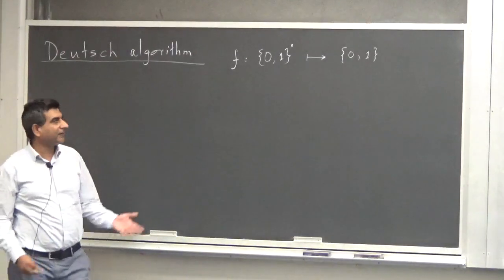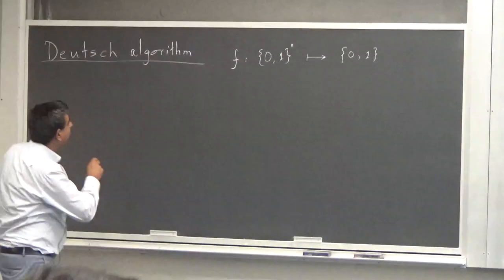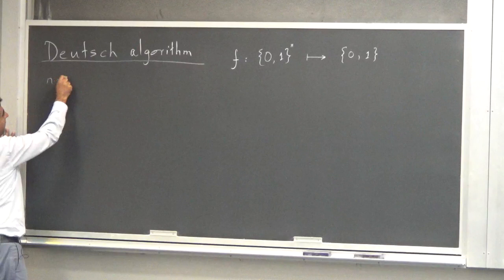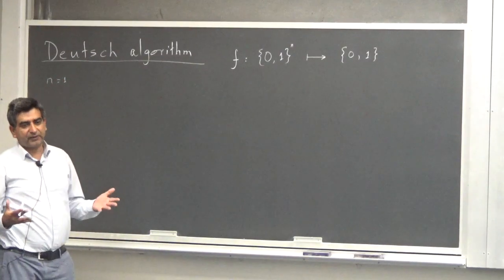So to exemplify this, suppose my n equals 1. So I'm looking at four kinds of functions.